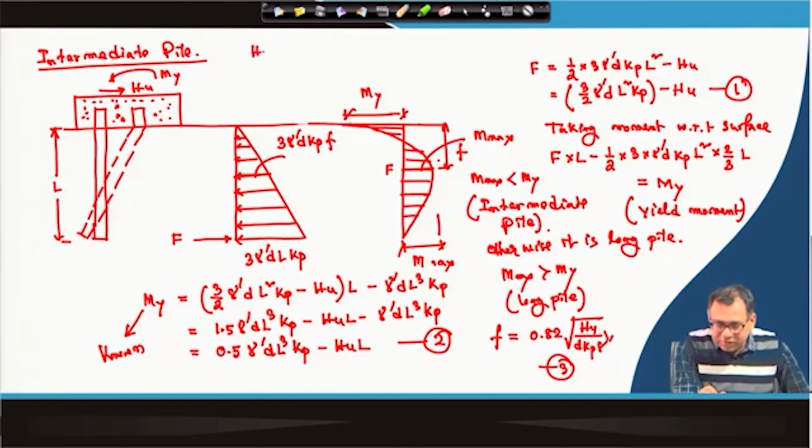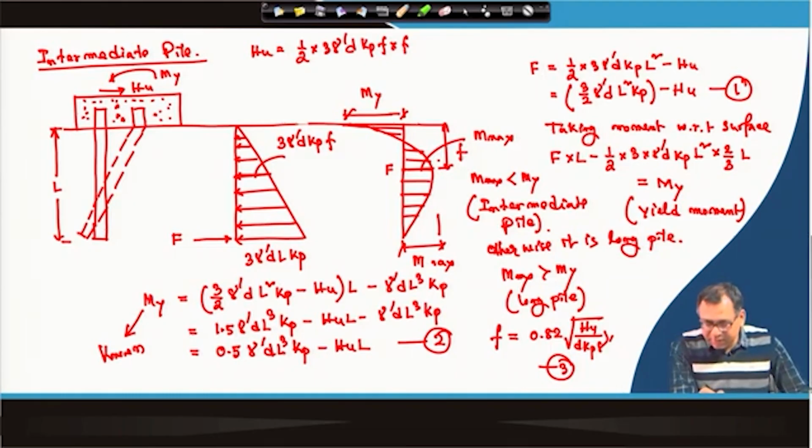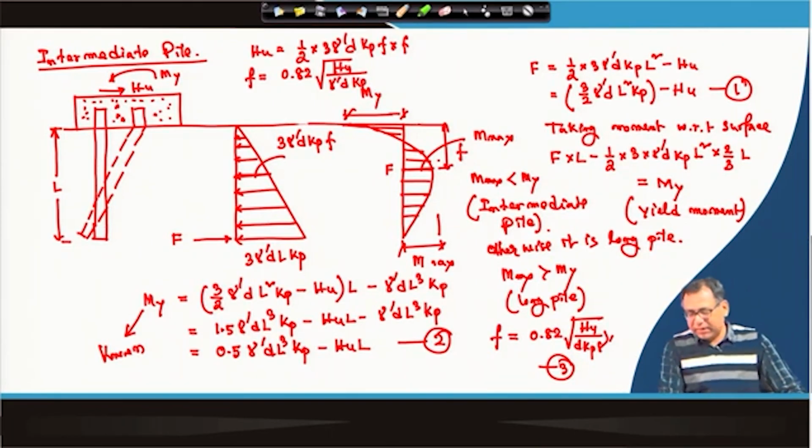So, H u is equal to half into 3 gamma dash d k p f into f. So, here we can write that f is nothing but 0.82 root over H u by gamma dash d k p, or this is the value.